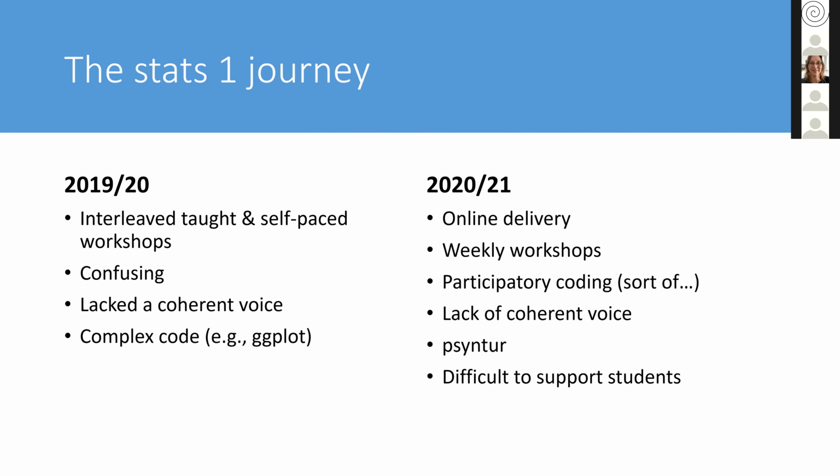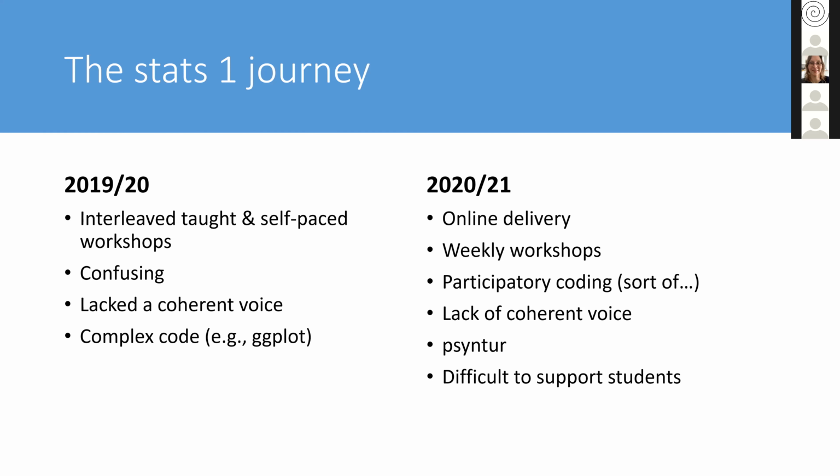So the participatory coding approach, which we were trying to move towards, just wasn't working because it was all falling apart at the beginning as we were trying to get students set up. And we had this lack of coherency still because we were still getting different people to write the different lectures for various workloading reasons. And it was just really difficult to support students.